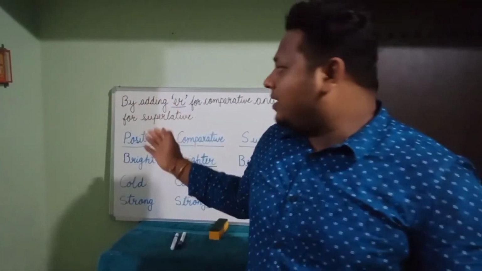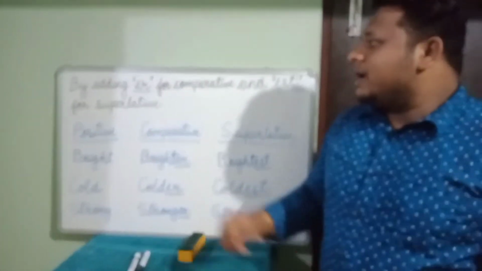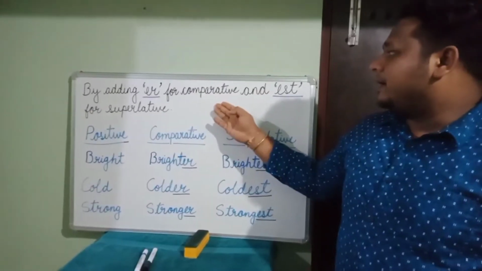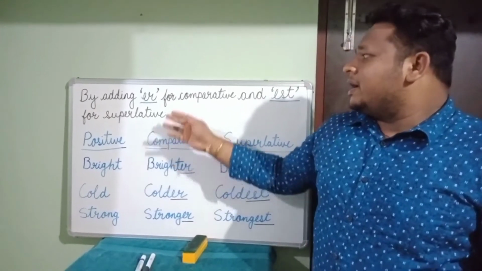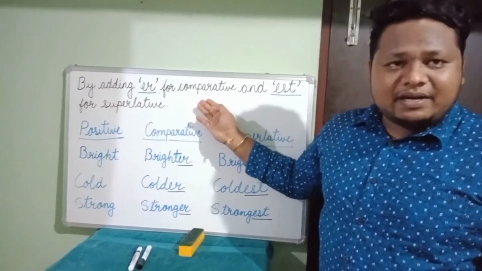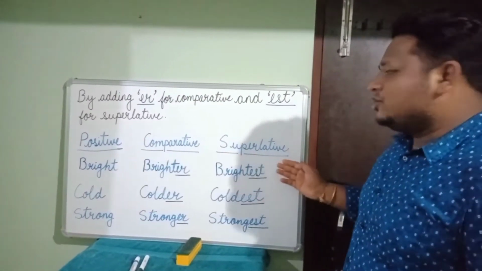Now let us see how we can convert a positive degree into comparative and superlative degree. The first rule is adding er for comparative and est for superlative. You have to add er to the positive degree for making comparative and est to the positive degree for making superlative.